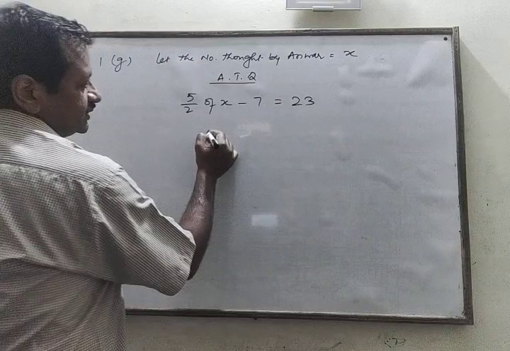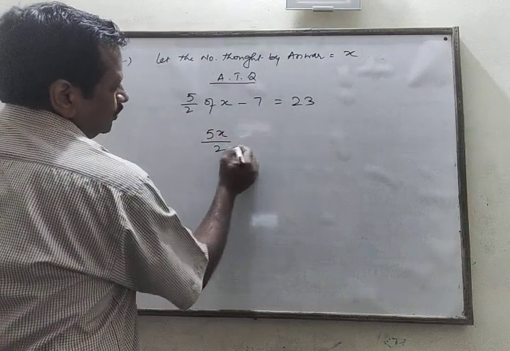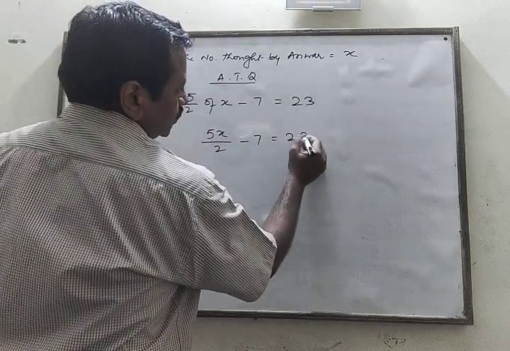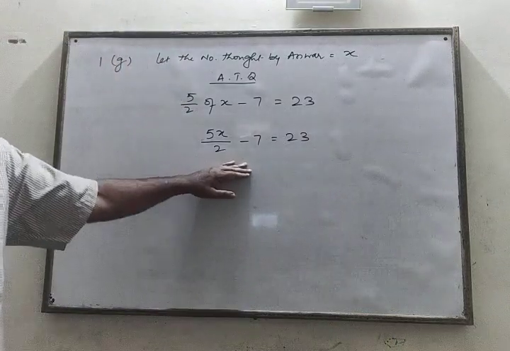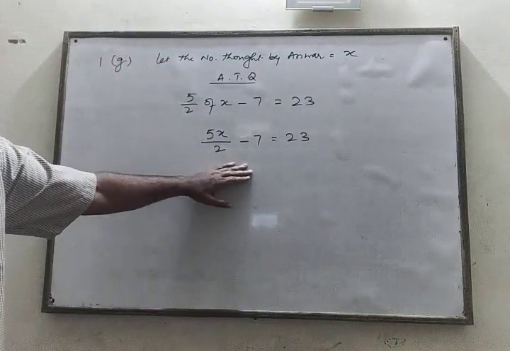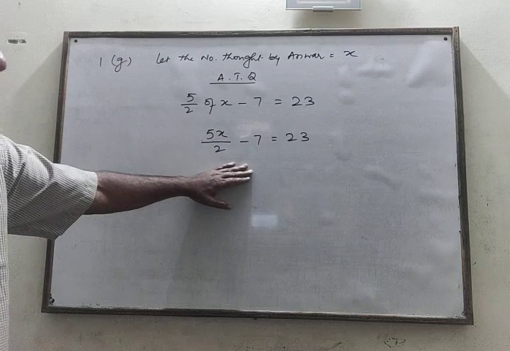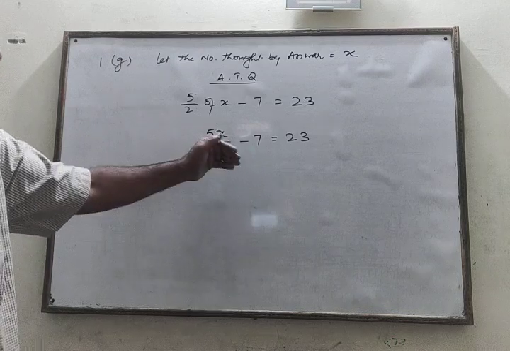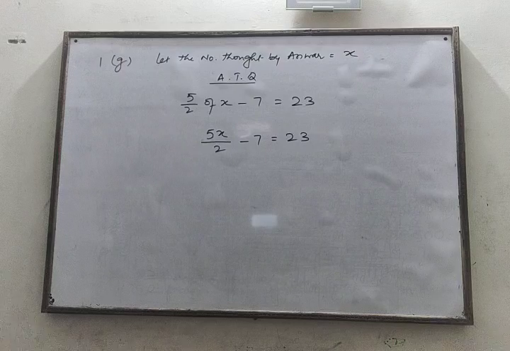So 5x upon 2 minus 7 equal to 23. Up to here we have learned earlier in the same video. Now we are going to solve this equation.